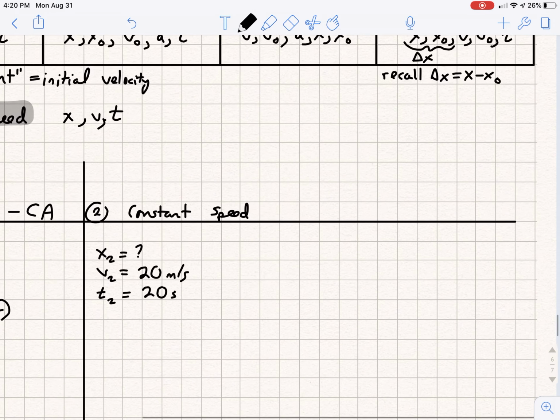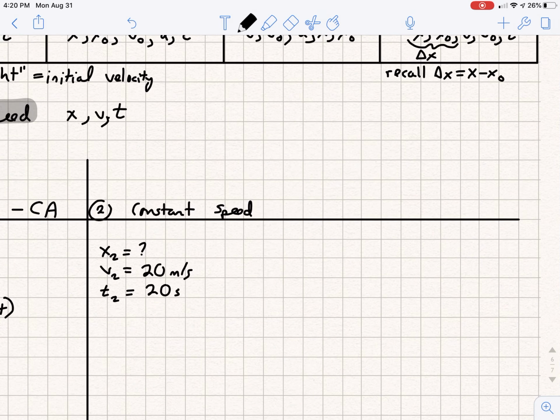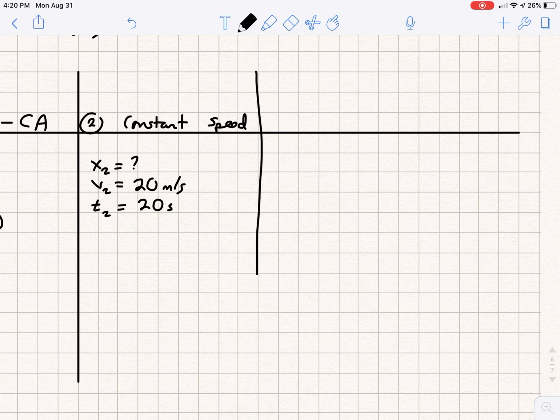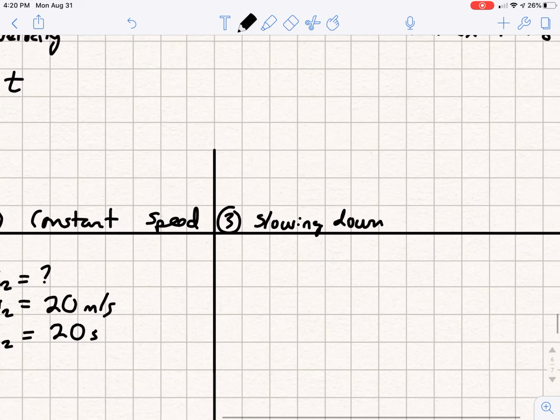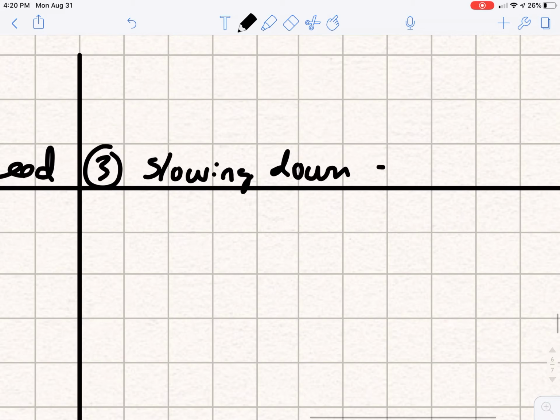And lastly, the third segment is slowing down. Slowing down would be negative constant acceleration.